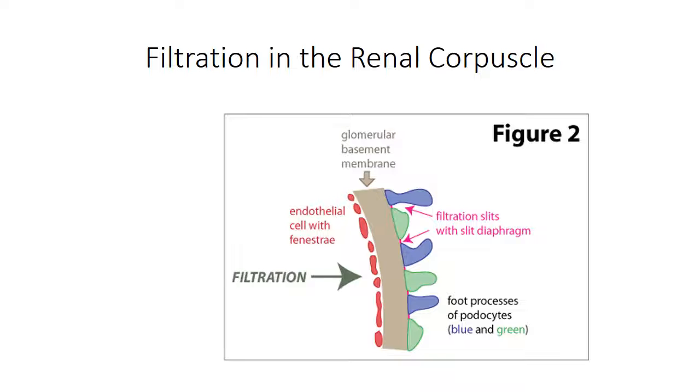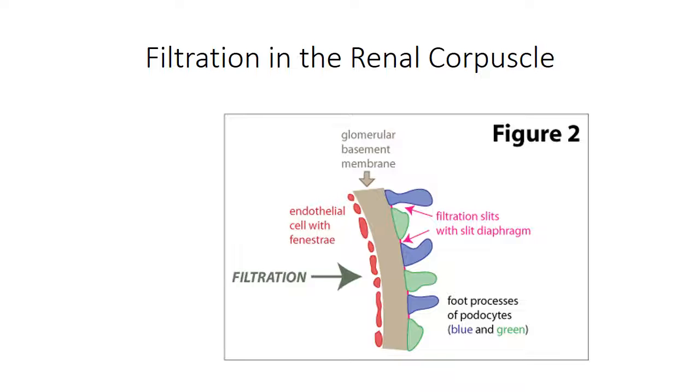It can flow into the renal corpuscle under the pressure. But again, see, these slits that are shown are not very large, right? So large particles like cells, even a red blood cell, which is the smallest cell in the body, is still too large to fit into the filtration slit.